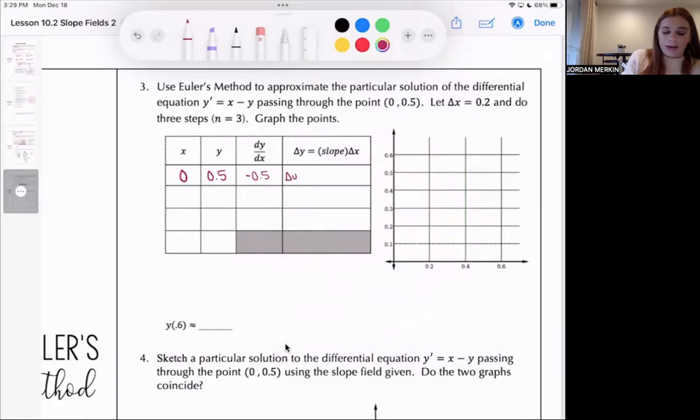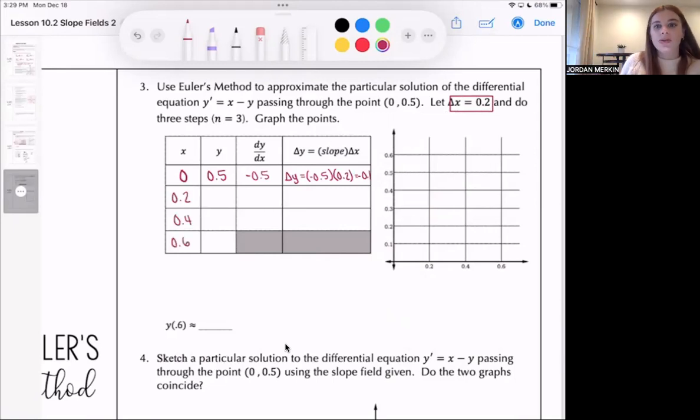Your delta y is just your slope, which is negative 0.5 times delta x, which was given to us as 0.2. So we get negative 0.1 for our delta y. Okay, remember our delta x is 0.2, so my next point is going to be at 0.2, then at 0.4, then at 0.6, right?